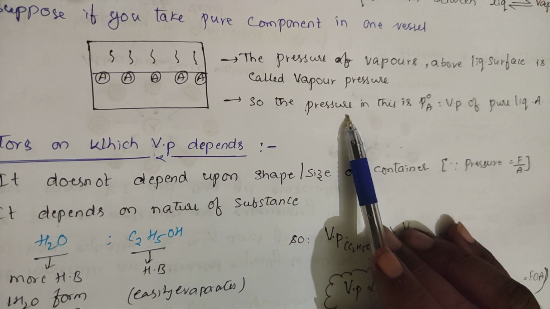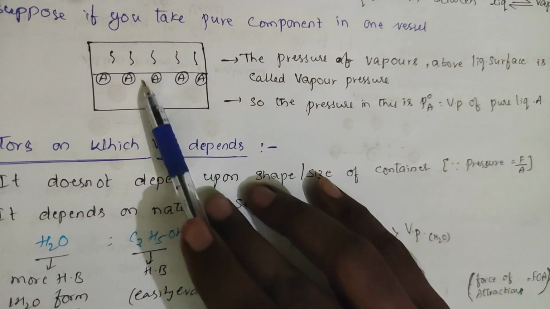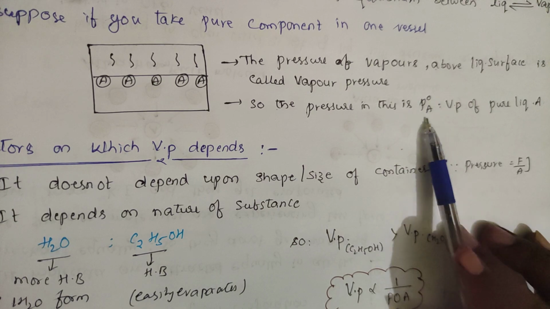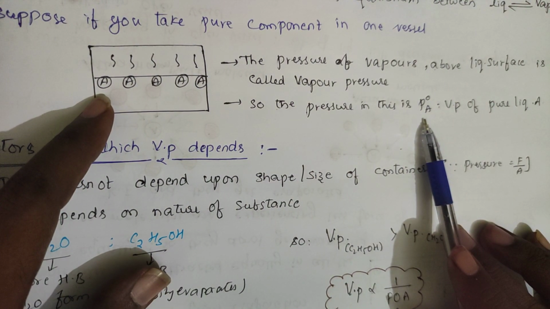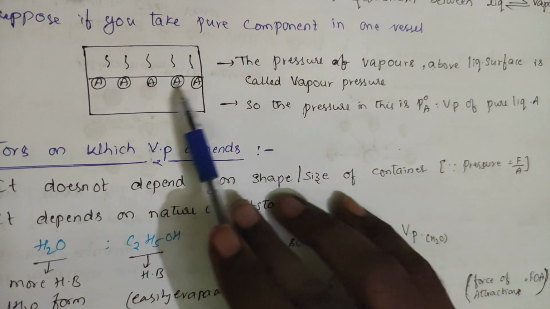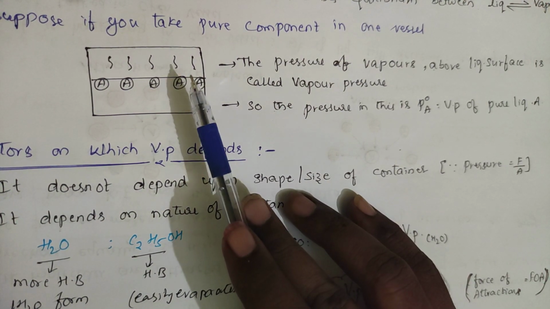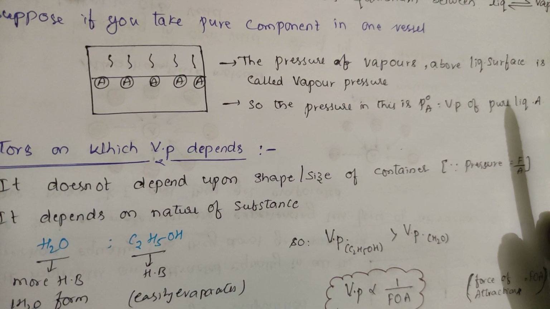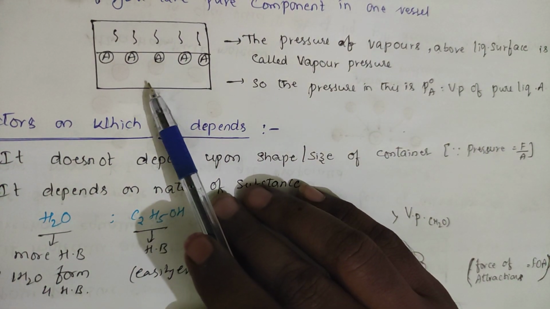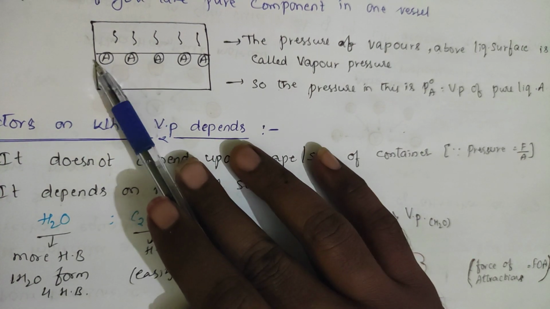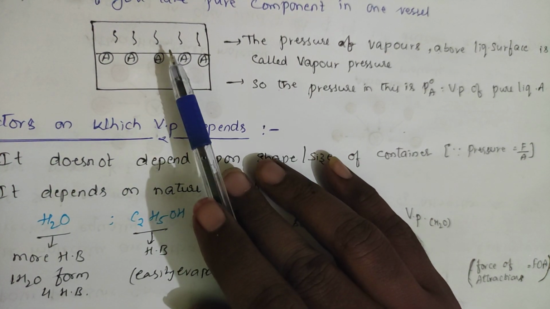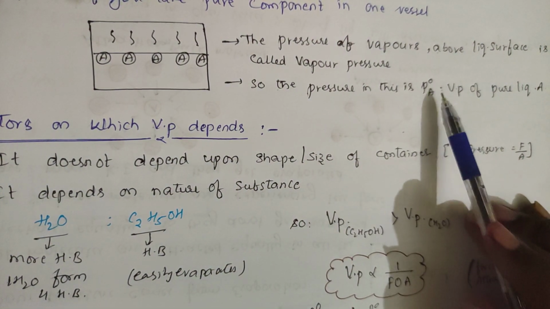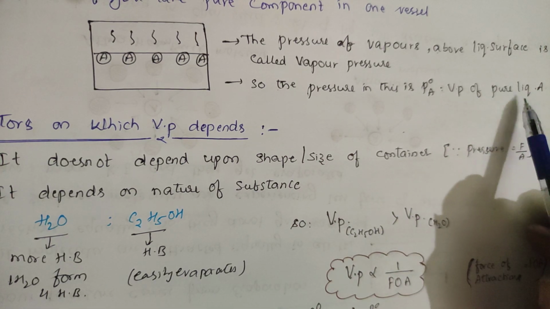For a pure substance, whatever pressure is exerted is taken as P naught A. It is a type A component, because a solution is again solute plus solvent, right? My intention is, the pressure exerted on the surface of the liquid is called vapor pressure. As it is a pure component, it is P naught A, the vapor pressure of the pure liquid.